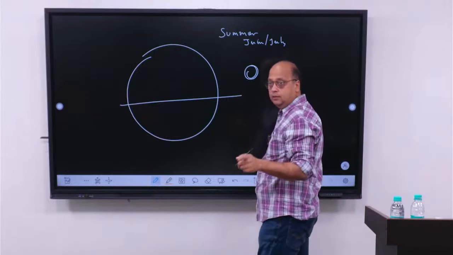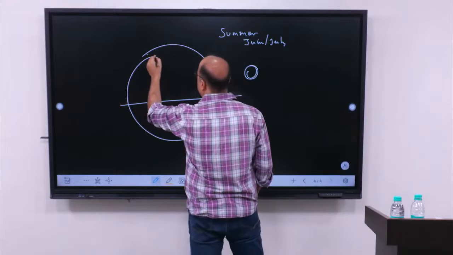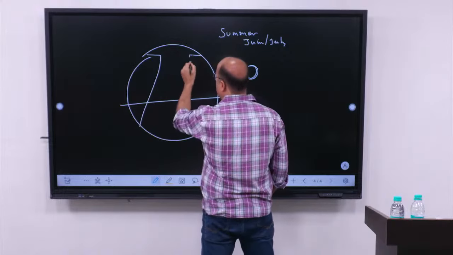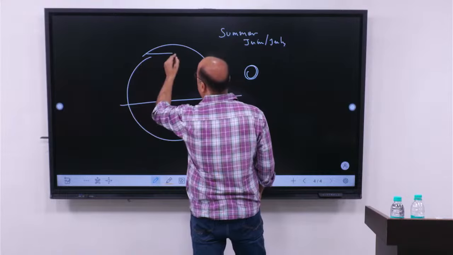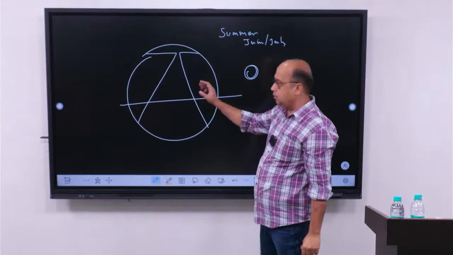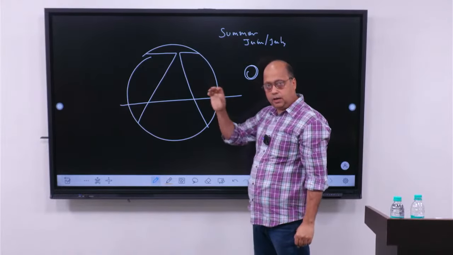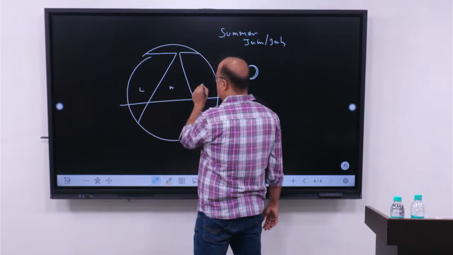Which sun? The overhead sun is on the Cancer, the Tropic of Cancer. Achha, is this diagram clear? What does this area represent? Land. Good. So we have land, water, land.